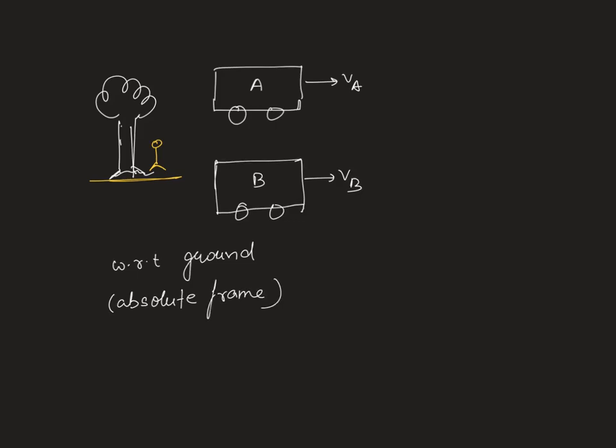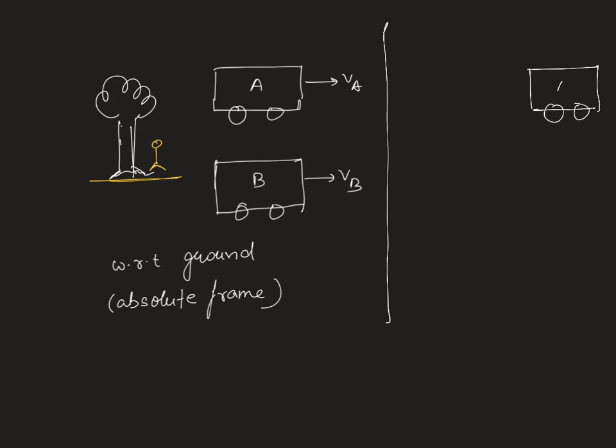When you move on further in your studies, things will change, but for now the ground frame will be called the absolute frame, because we are not going to change Earth so consistently, except for a few people that we call astronauts. Now this person wants to jump to A, so this person somehow jumps to A. When this person jumps to A, the first thing that happens is that A comes to rest.